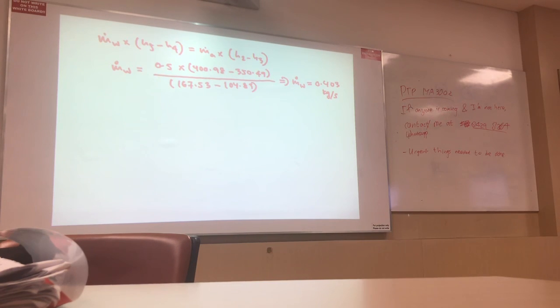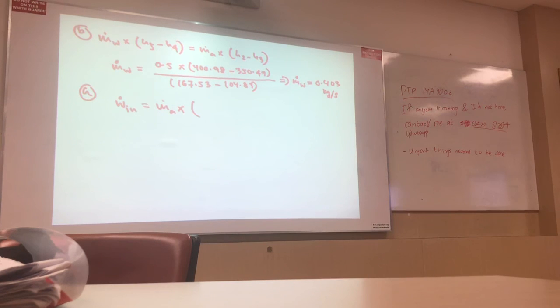Answer B, this one. And what is the turbine power? Remember? Turbine power is W dot in. You remember, right? Mass flow rate of air times H with respect to 400 Kelvin minus H with respect to 300 Kelvin.